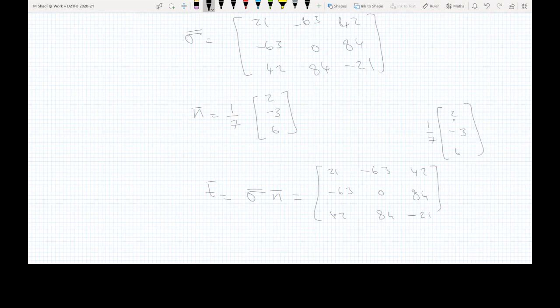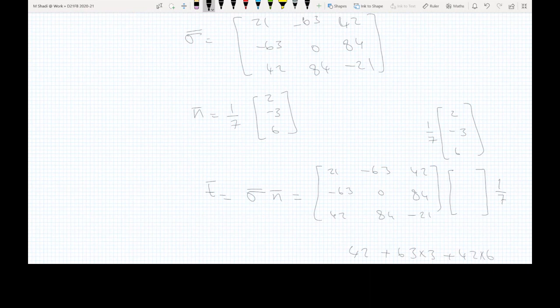So you need to multiply these together, and then you get the vector here. I'm going to keep 1/7 outside. 2 multiplied with the 21, this is 42. Minus 63 multiplied with 3, this is minus 63 multiplied with 3. And then 42 multiplied with 6.